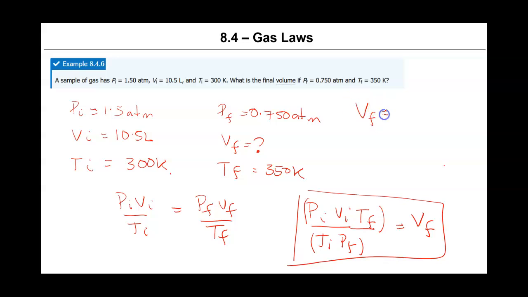So VF is going to be equal to PI, which is 1.5, times VI, which is 10.5, times T final, which is 350, and then that has to be divided by TI, which is 300, times PF, which is 0.75. When I do that, we're looking to get a number that makes sense.